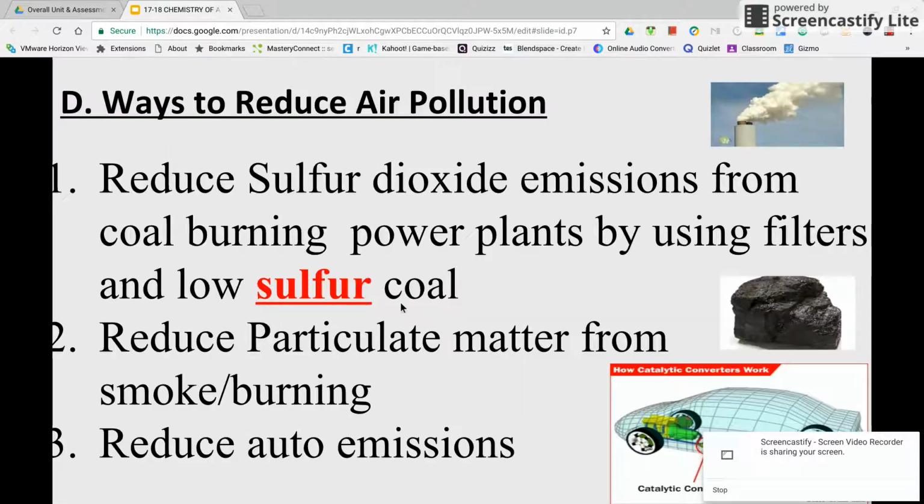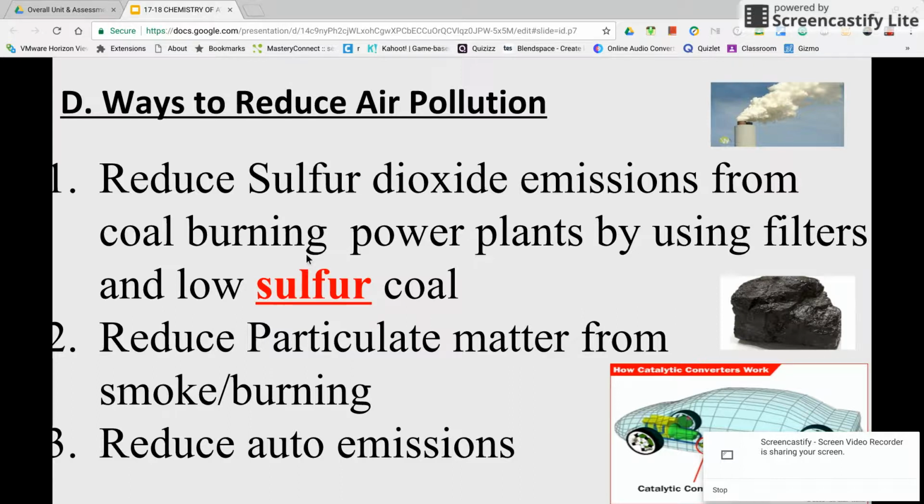Some of the other ways that the Clean Air Act helps to reduce air pollution is that a lot of companies or factories have been asked to put filters or scrubbers onto their plants, onto their smokestacks. What those filters or scrubbers will do is filter out a lot of that solid particulate matter, that ash that may be given off when we're burning fossil fuels.